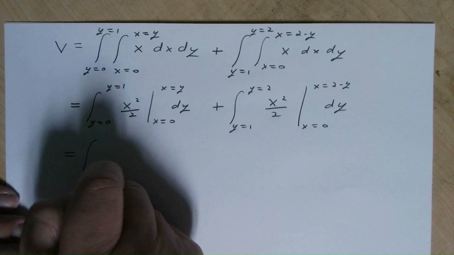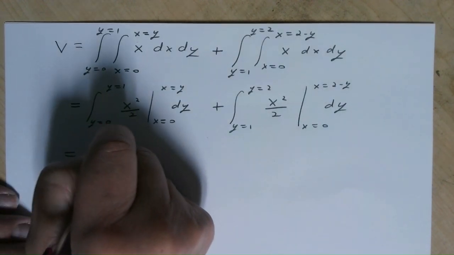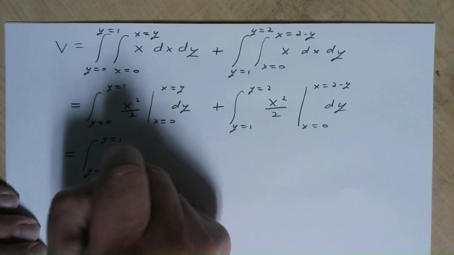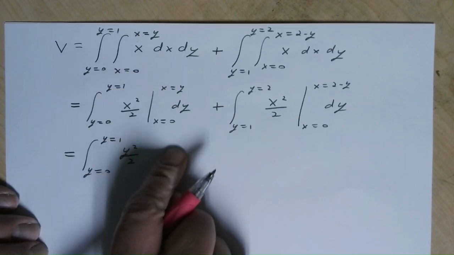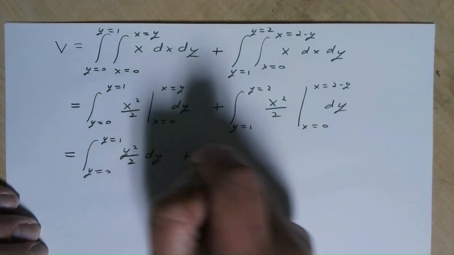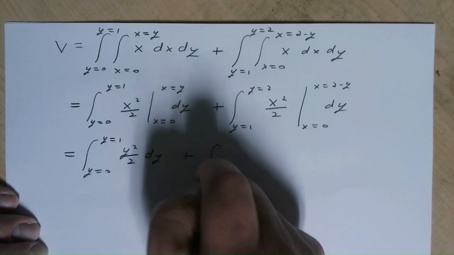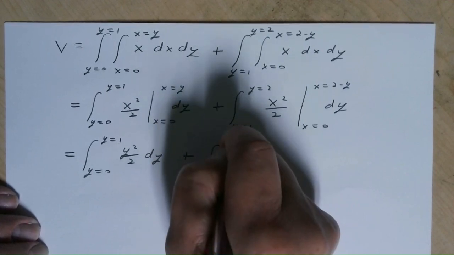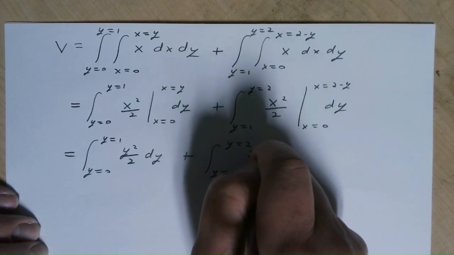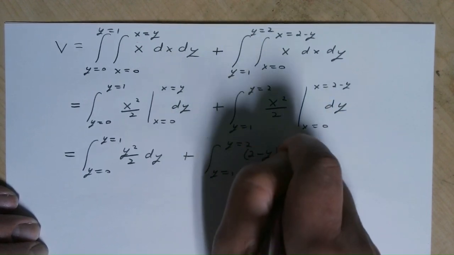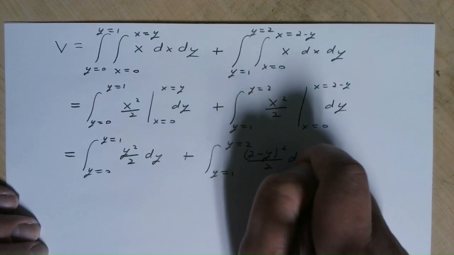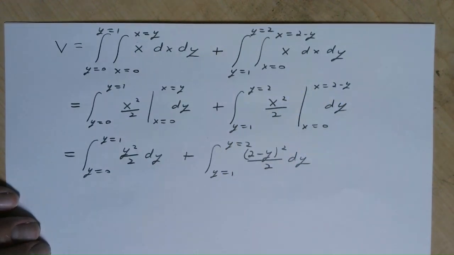And put our bounds in. So up here, this is going to be y squared over 2 minus 0, so I can just leave that out. Upper bound here, this is going to be 2 minus y squared divided by 2 dy, like this.